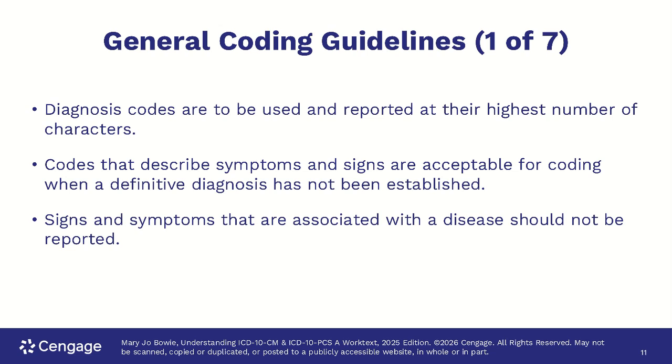You could code the cough because you don't have a definitive diagnosis. Signs and symptoms that are associated with a disease should not be reported. So let's go to my pneumonia and my cough situation. If the patient has a cough and they have pneumonia, you wouldn't code cough because cough is a sign or symptom of pneumonia.